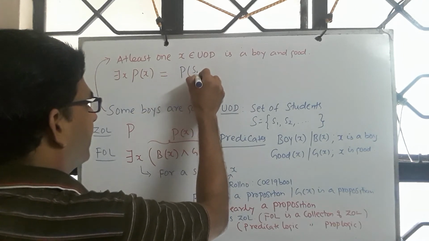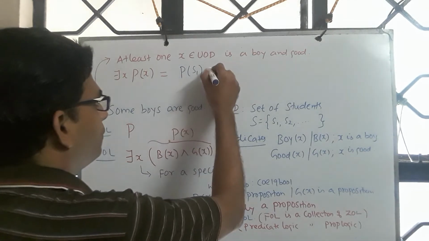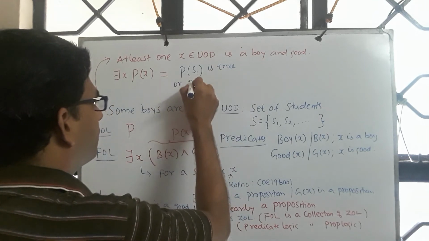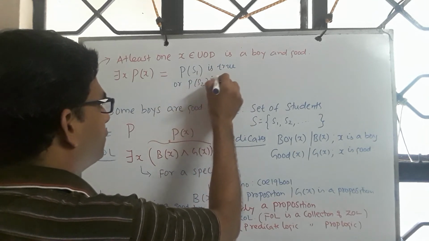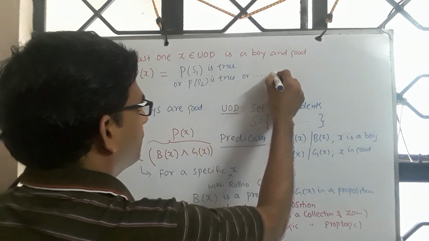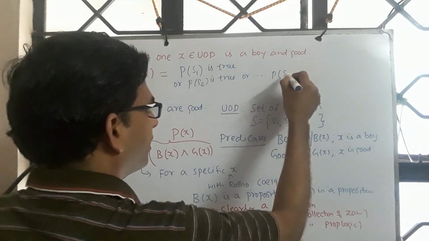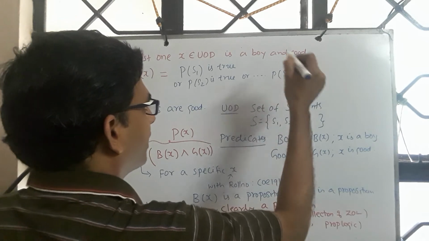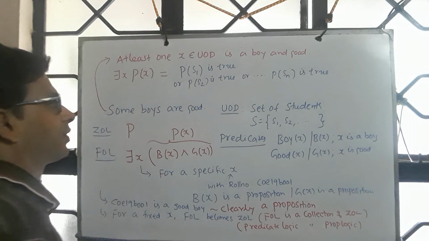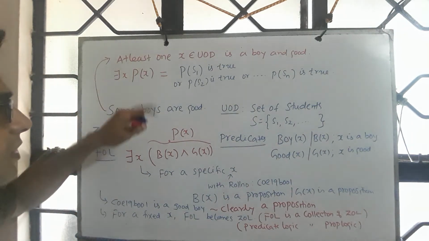P of S1 is true, or P of S2 is true, and so on up to P of Sn is true, as there could be a really big set. Okay, there exists X, P of X.